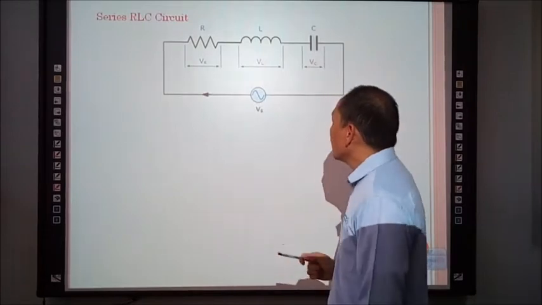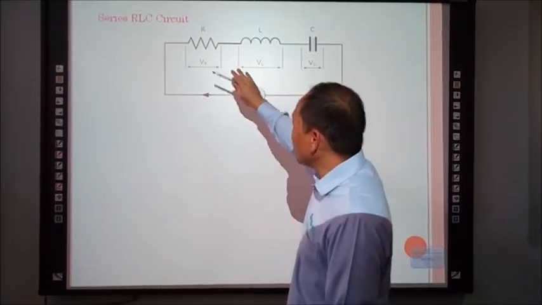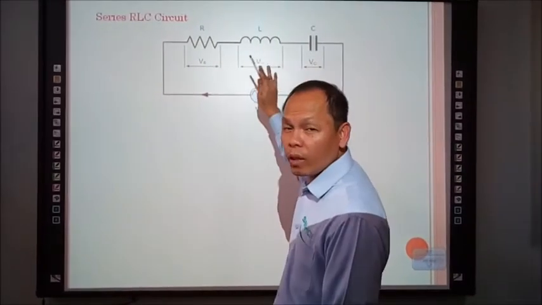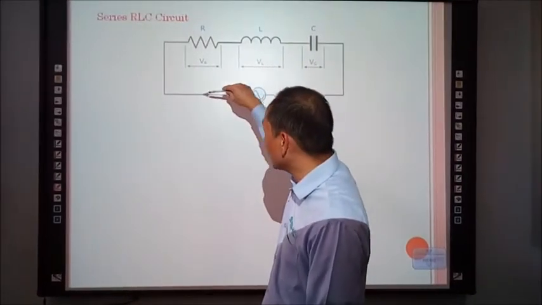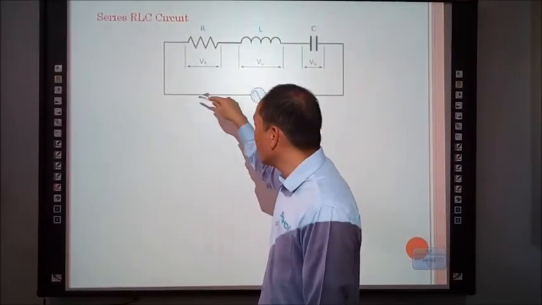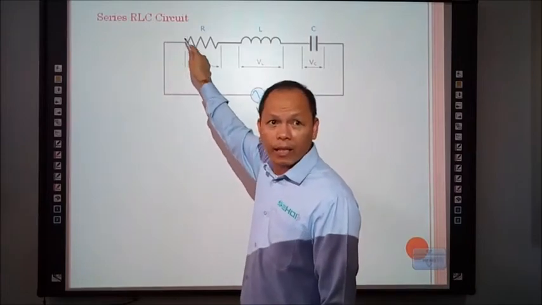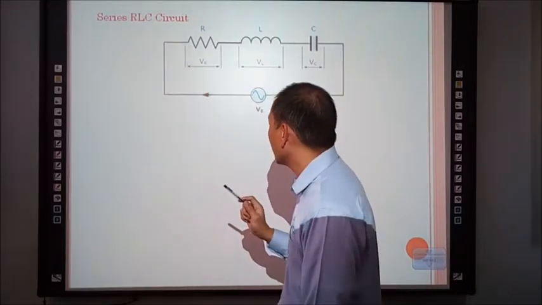Before you solve these voltages, you have to find first the current. What is the value of the current of this circuit?